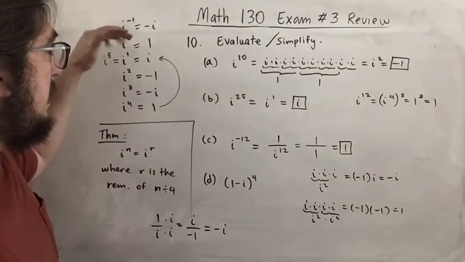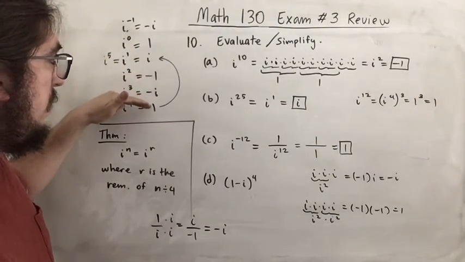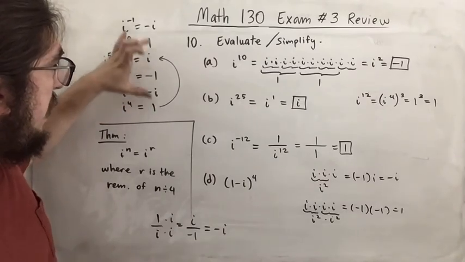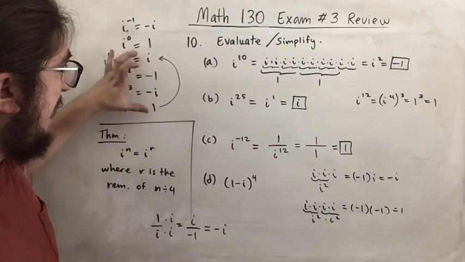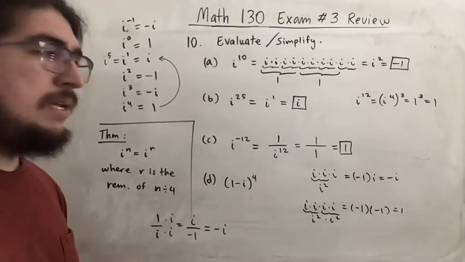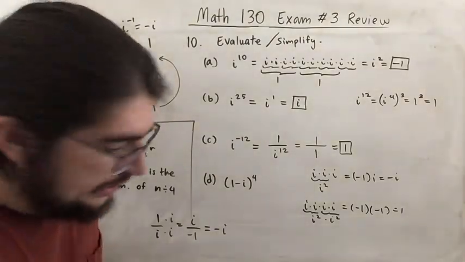But notice the pattern still: i, negative 1, negative i, 1. If you group this chunk and repeat it up here, you have i and negative 1 right before this i. So yeah, the pattern still holds. Something to keep in mind. It's interesting, right? At least to me, I think it is.